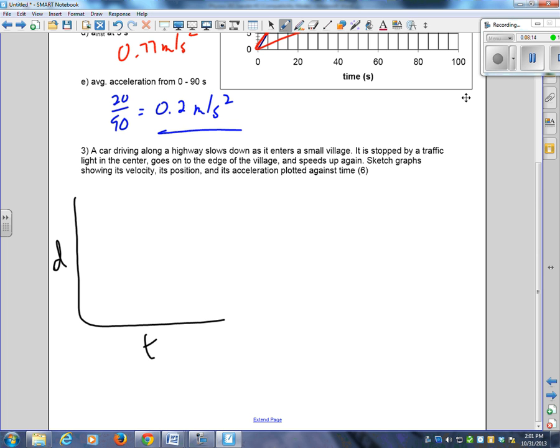So if it's driving down the highway, what does the position time graph look like? Straight. It's cruising at 100, right? Slows down. What does that look like? Little curve. Now it's not going as fast. Now it stops. What does stop look like? Flat. Speeding up.